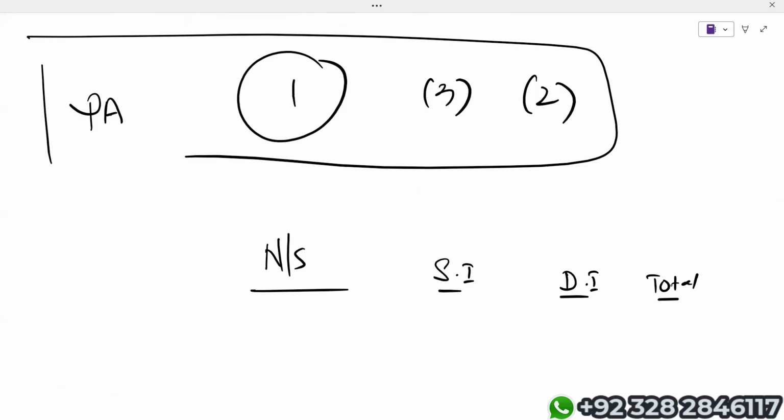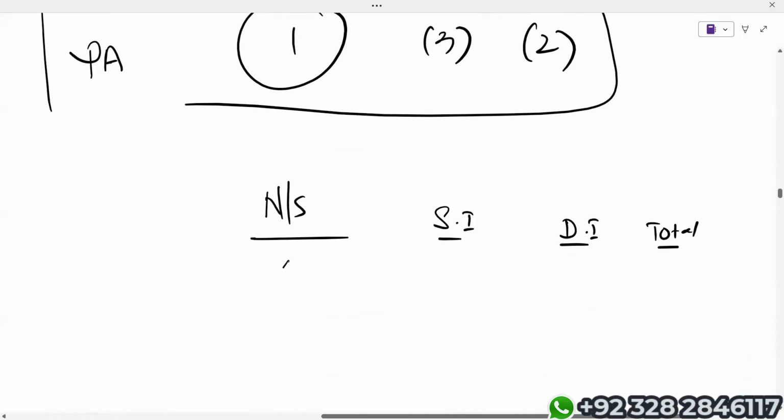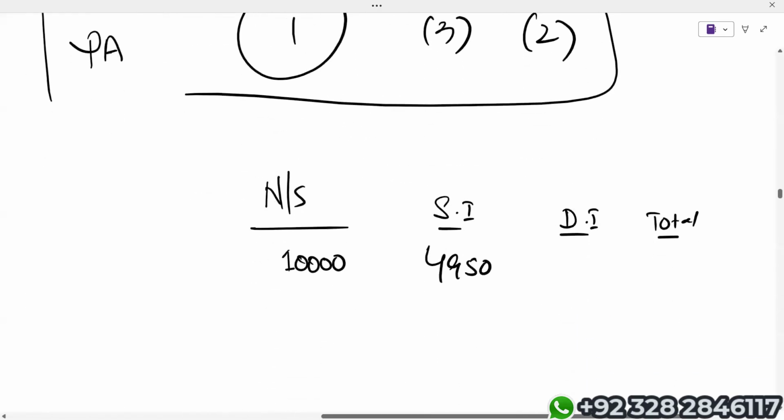Okay, fine. Employment income is a non-saving income, so I'm writing £10,000. Savings income is 4,950. Dividend income is 15,000.